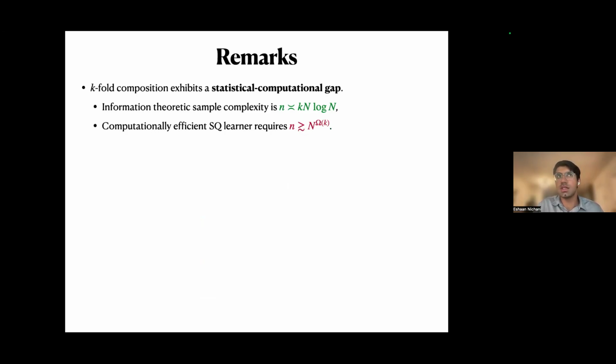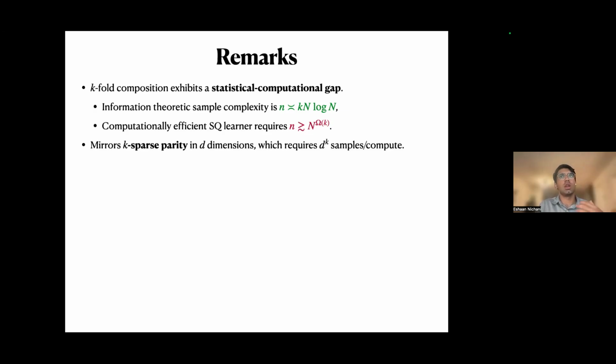So this is reminiscent of the k-sparse parity problem in d dimensions. Okay, so this is like you're given a Boolean vector and you need to output the parity of k hidden bits. This information theoretically only requires k log d samples, but there are SQ lower bounds that say that actually d to the k samples or compute are required to learn this efficiently.